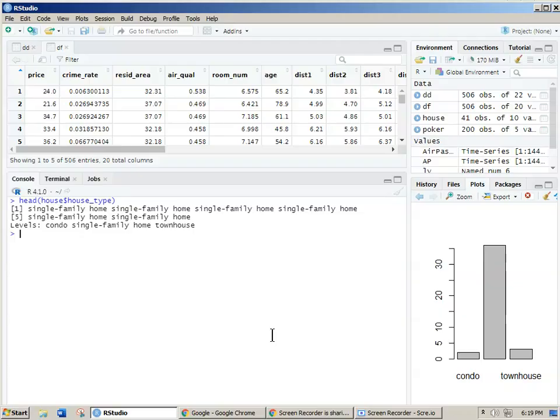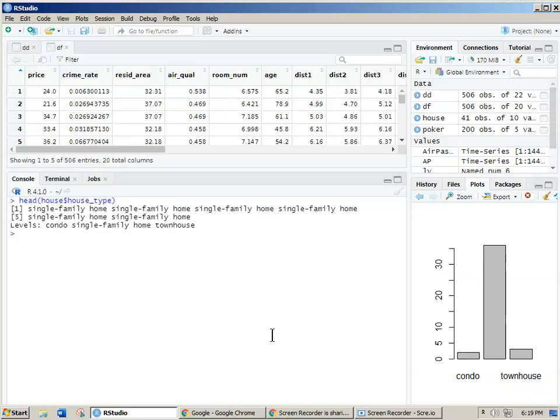Okay, so as soon as we turned it into a factor, it gives us the levels, which is very convenient. So we have a condo. That was the one I couldn't remember. Condo, single family home, and a townhouse. Those are the levels, those are the 3 categories. Now we have something to work with.